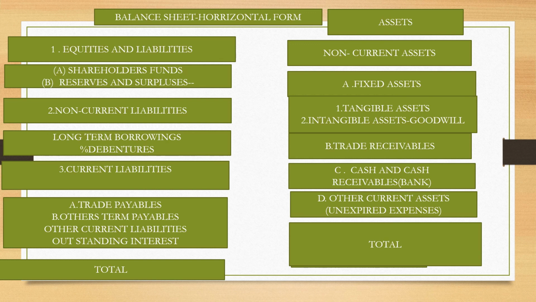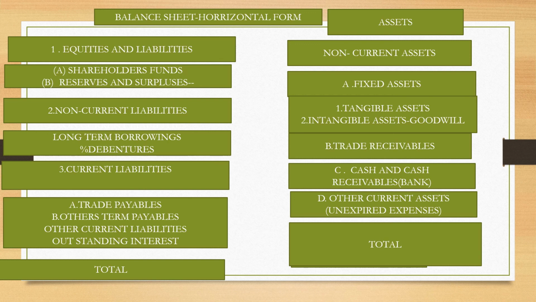Non-current liabilities. We include here long-term borrowings. Either we have taken loans or advances from banks or financial institutions for long terms, or we have issued percentage debentures. Always remember, percentage debentures come under long-term borrowings. Then current liabilities.